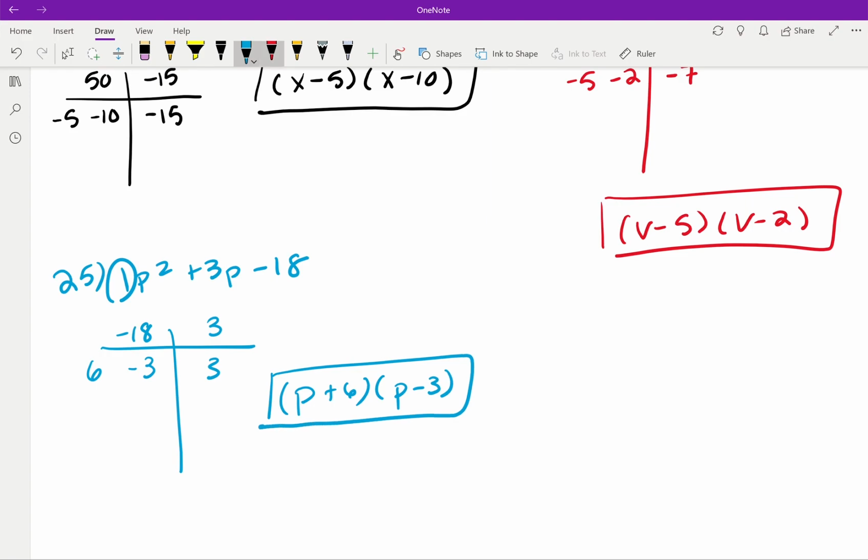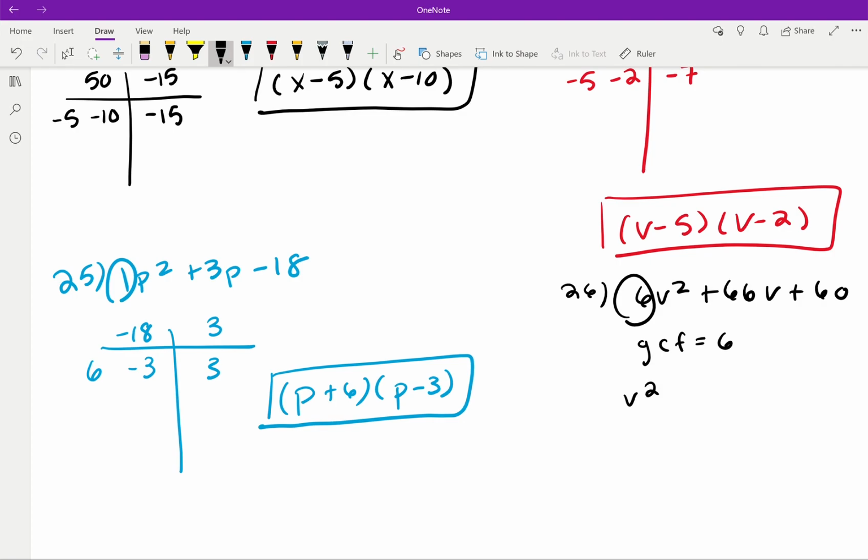Okay, and then lastly, I have 26, which is 6v squared plus 66v plus 60. Notice that my a value is not 1, so that means there has to be a GCF. In this case, the GCF is 6. So I'm going to divide a, b, and c by 6, so that I'm left with v squared plus 11v plus 10.